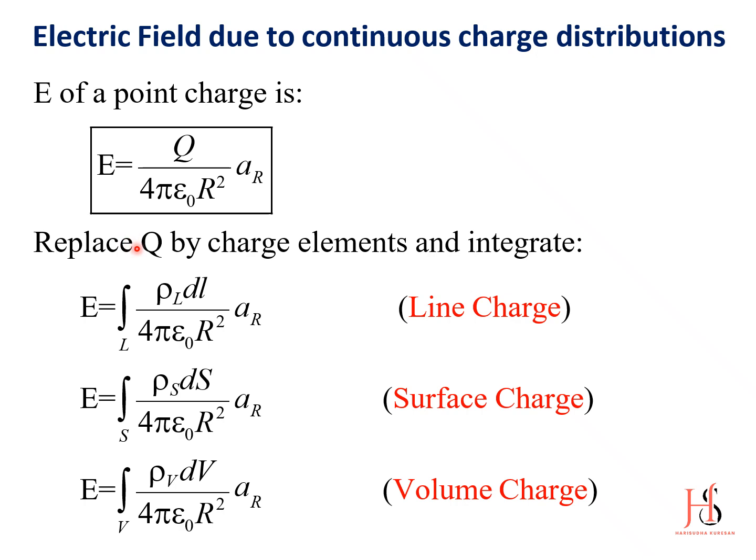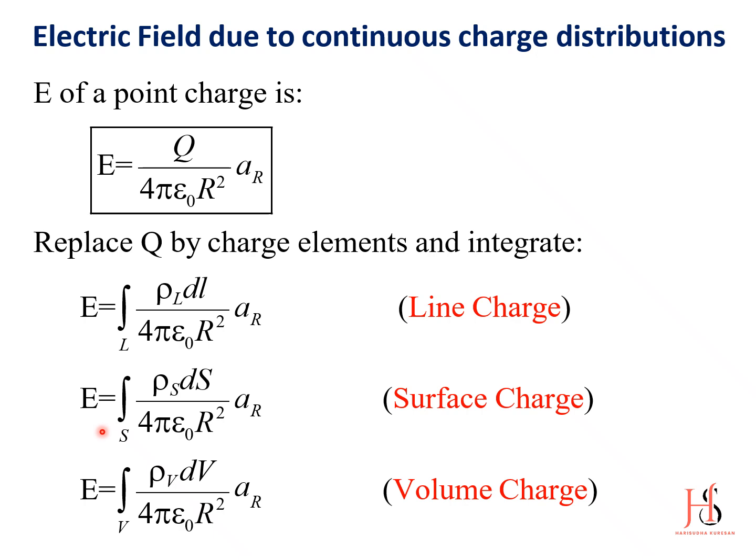By replacing Q with charge elements and integrating, since on the previous slide we saw that the charge Q is equal to integral of rho L dl, we can write E is equal to integral over L of rho L dl divided by 4 pi epsilon naught R square into the unit vector. The unit vector can be written as the R vector divided by the magnitude of the R vector.